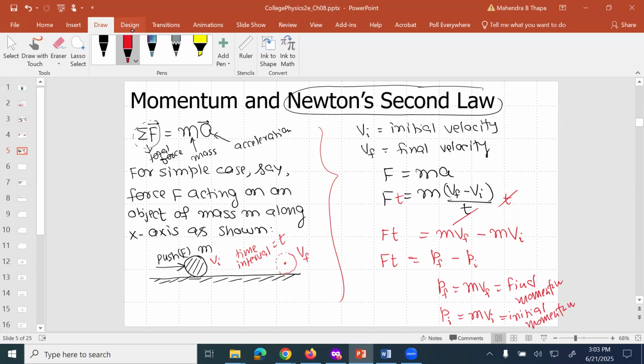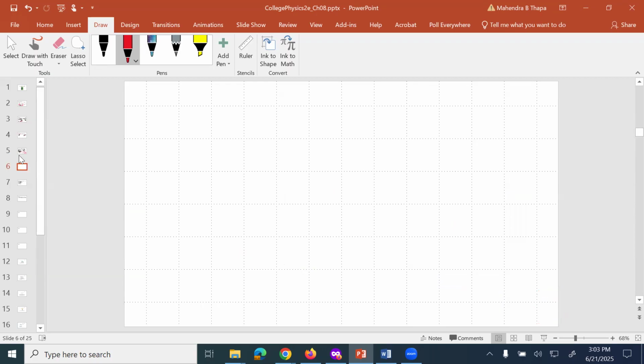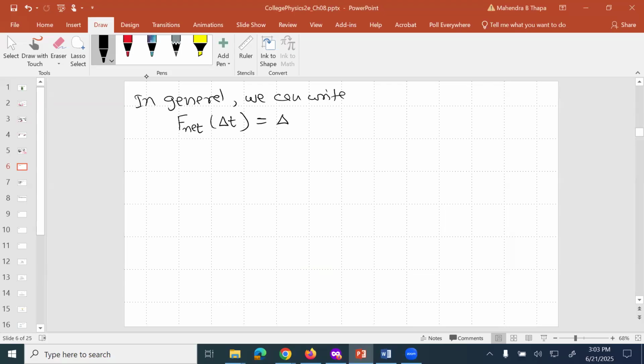So this can be written as F times t equals the change in momentum, which we represent as delta P. In general, we can write this equation as F net, if there is more than one external force, times the time interval delta t, equals the change in momentum.